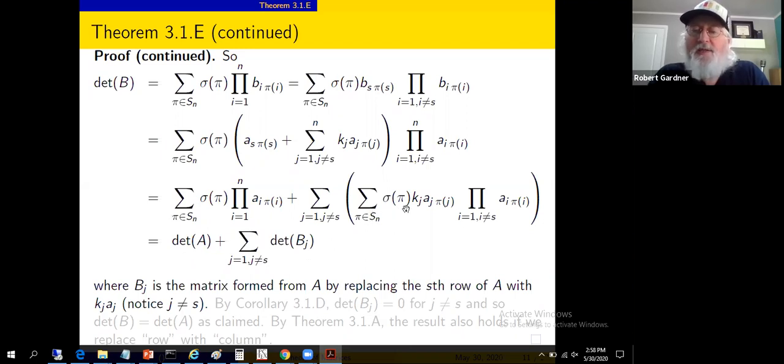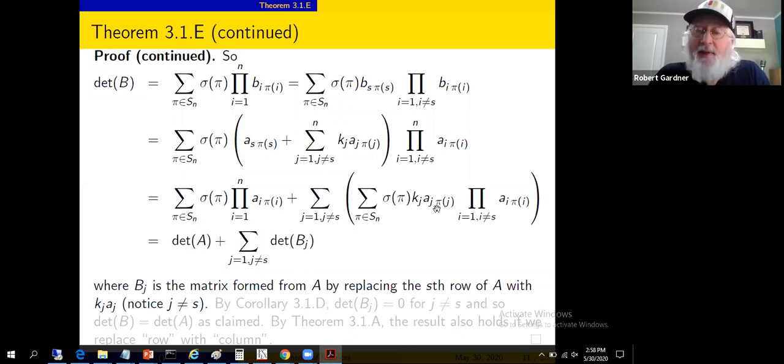Each of these are determinants of something. We've got a sigma of pi, and then a product from 1 to n of A sub i, pi of i, except the S symbol has been replaced with this K sub j, A sub j, pi of j stuff.